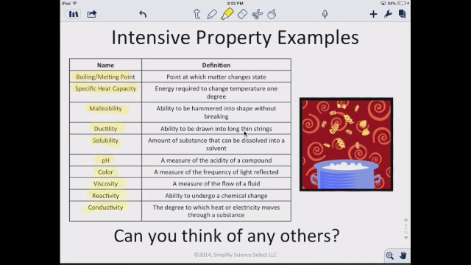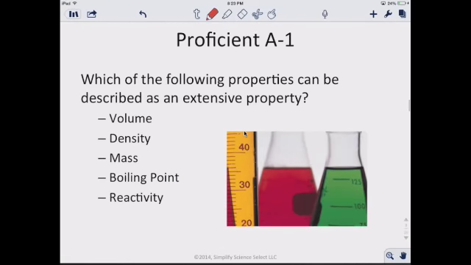All of these are examples of intensive properties. These really help us determine what something is, and you can narrow it down. If you're trying to distinguish between two different unknowns, intensive properties are really good to use. So let's jump into some examples.